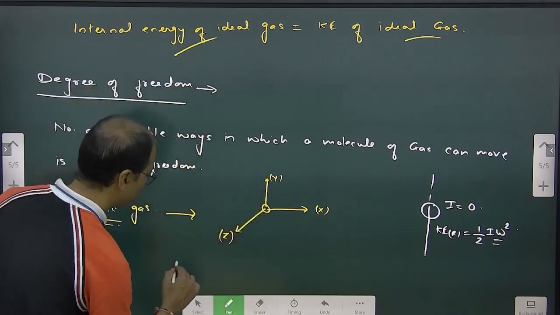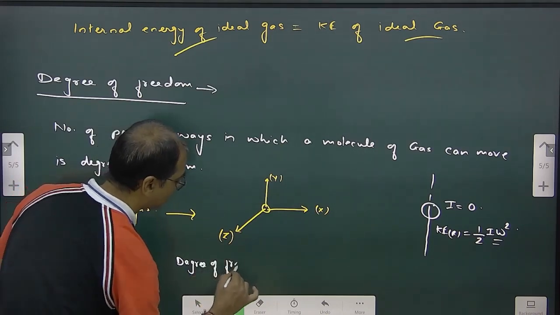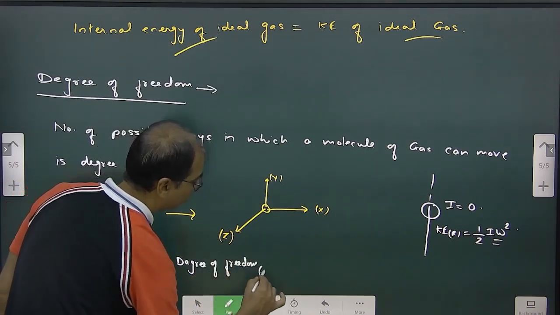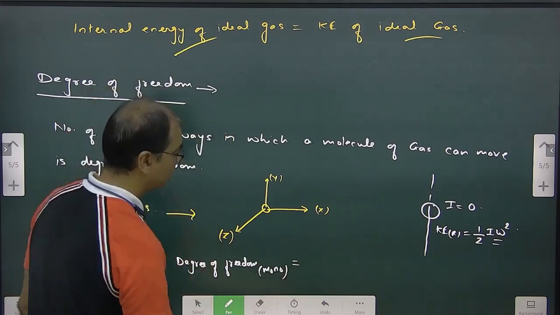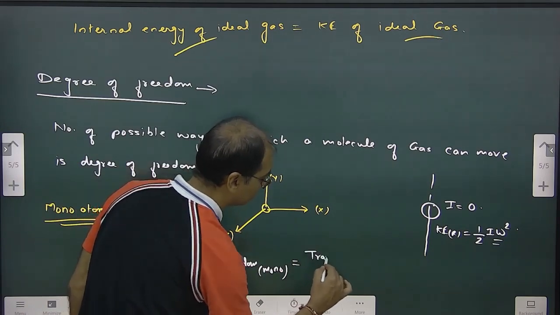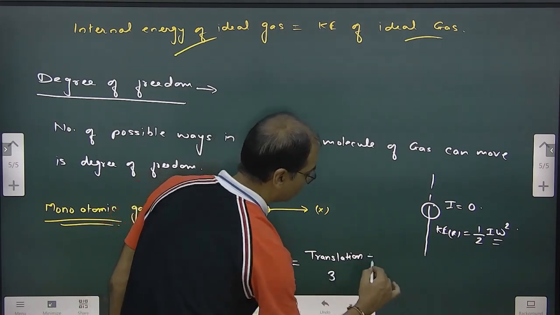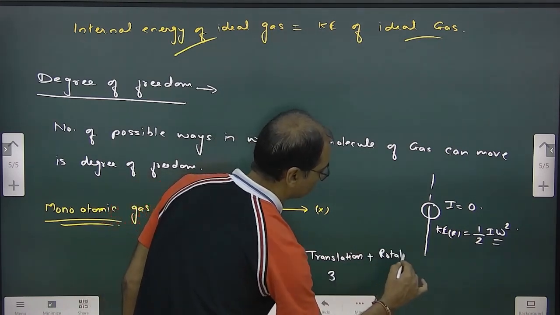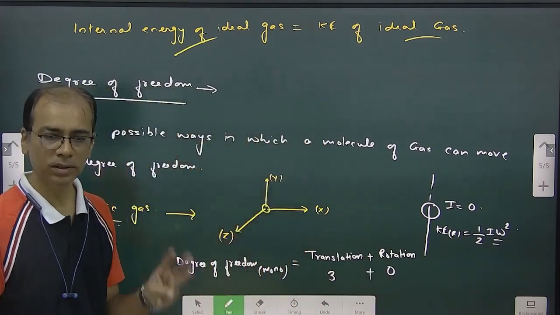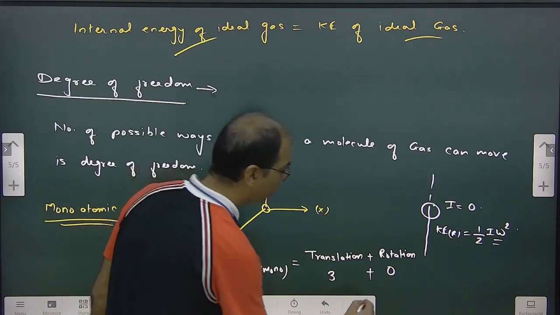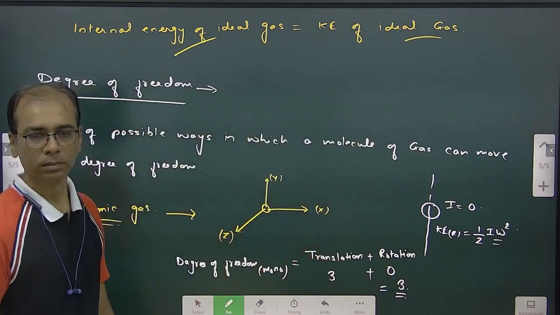So degree of freedom of monoatomic gas is due to translation, 3, and rotation 0. So total degree of freedom for monoatomic gas is 3. Note it.